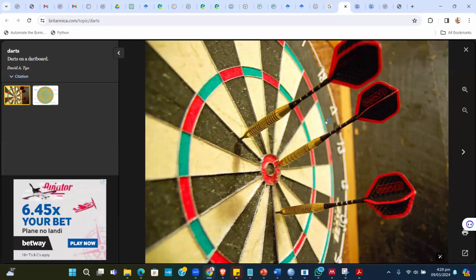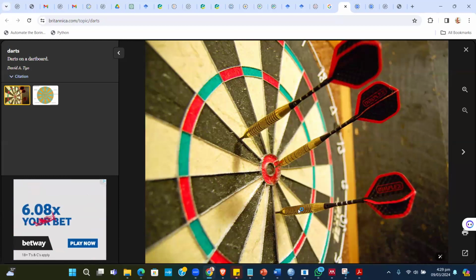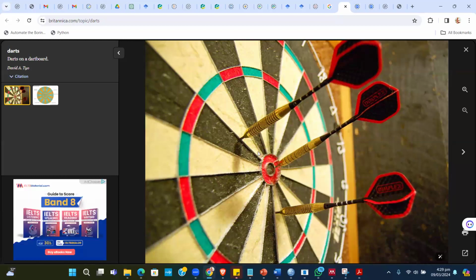When we look at this particular score we have here, the darts are hitting different places. Only one of the darts hits the bull's eye. The rest are hitting outside the bull's eye. So there is no consistency. You can consistently hit outside the bull's eye.